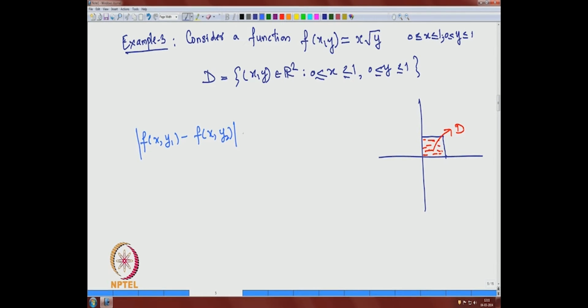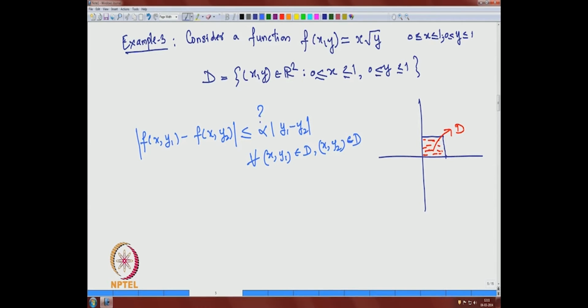Now, we are looking for a condition like this: the absolute value of f(x, y1) minus f(x, y2) is less than or equal to alpha times the absolute value of y1 minus y2, for all points (x, y1) and (x, y2) in D. We show that it is not possible for this function to satisfy a condition like this.